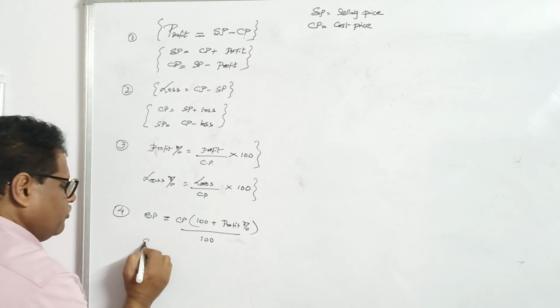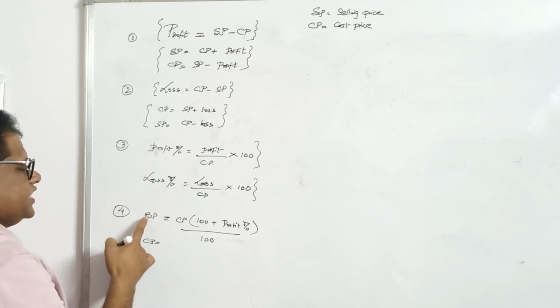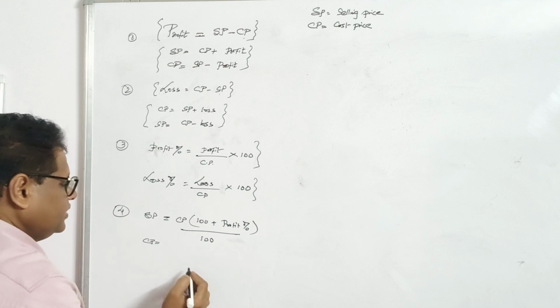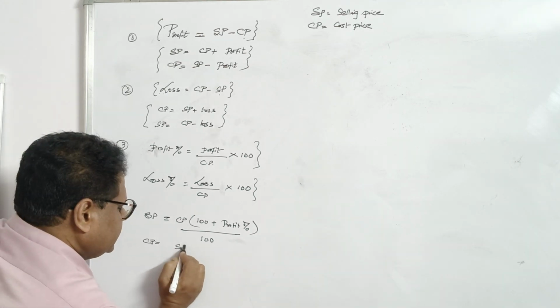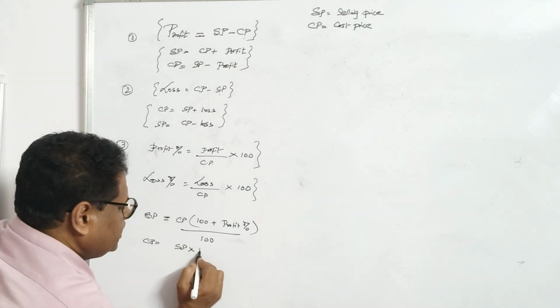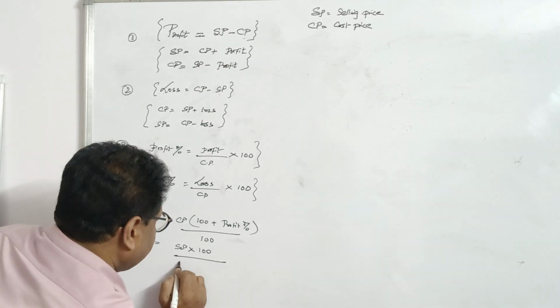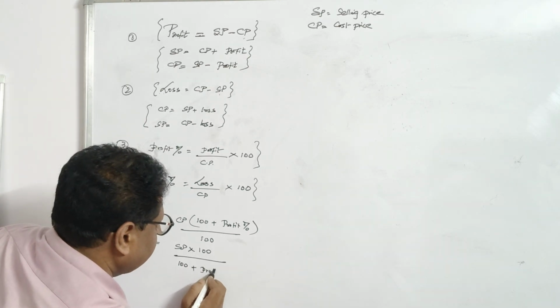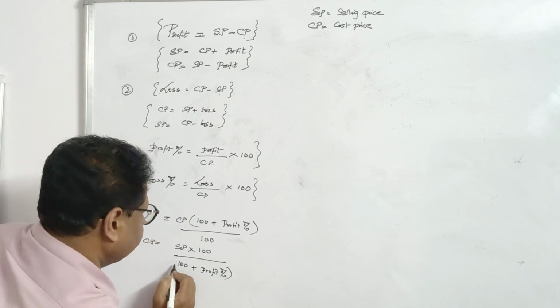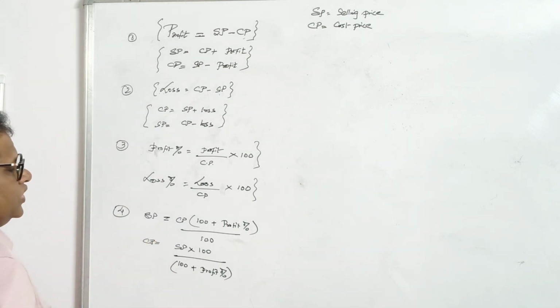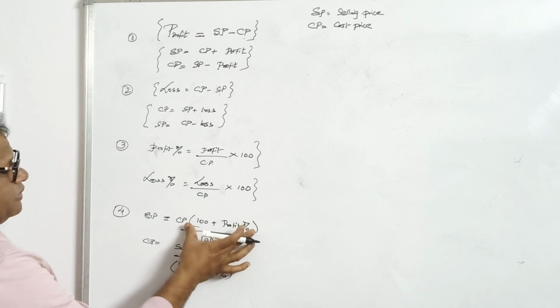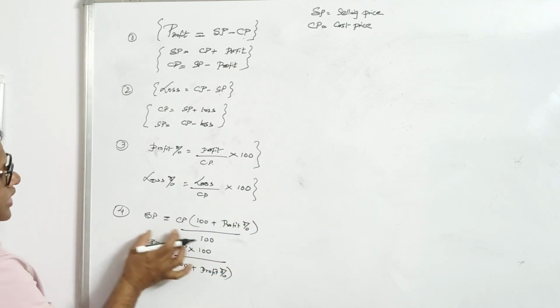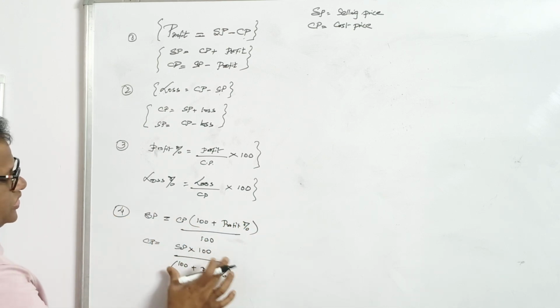Similarly, if you want to find the cost price, and selling price and profit percent are given, then you can frame the equation like this: SP, selling price, multiplied by 100 divided by 100 plus profit percentage. What we have done is just shifted this particular thing to the denominator and multiplied this by this, so we got this expression.